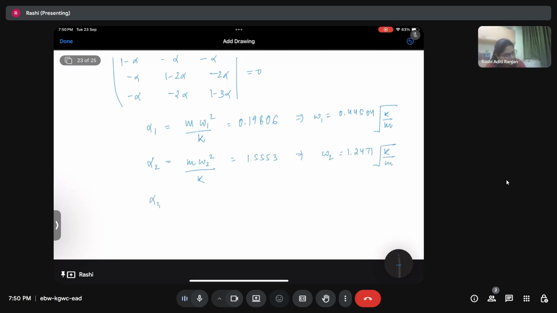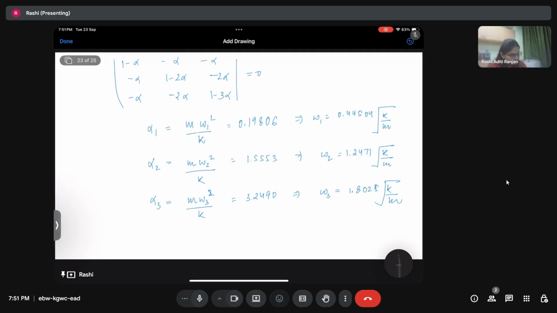Then we have alpha 3 as m omega 3 square by k, 3.2490, which implies omega 3 as 1.8023 under root of k by m. So these are the three frequencies which are essentially the modal frequencies, and using these we can now find the mode shapes. How? Let us see that.